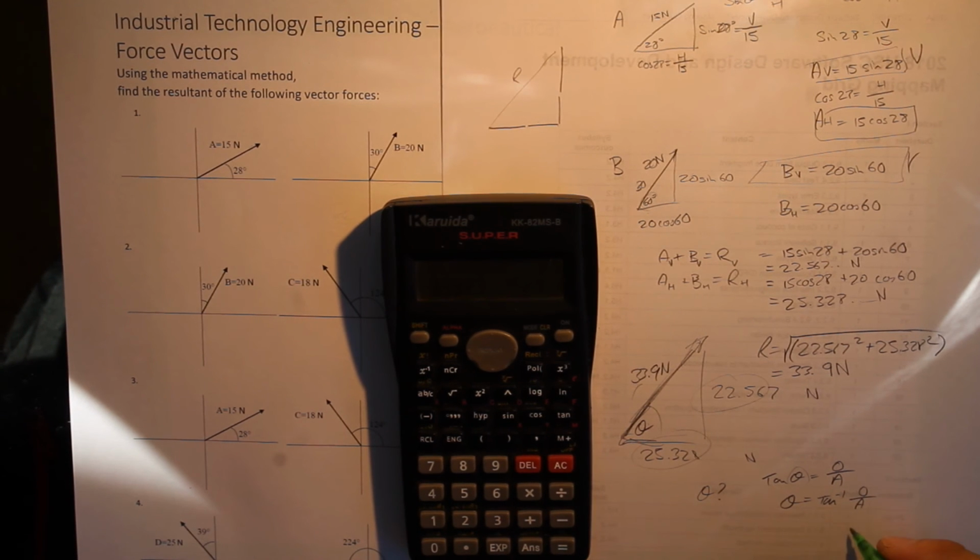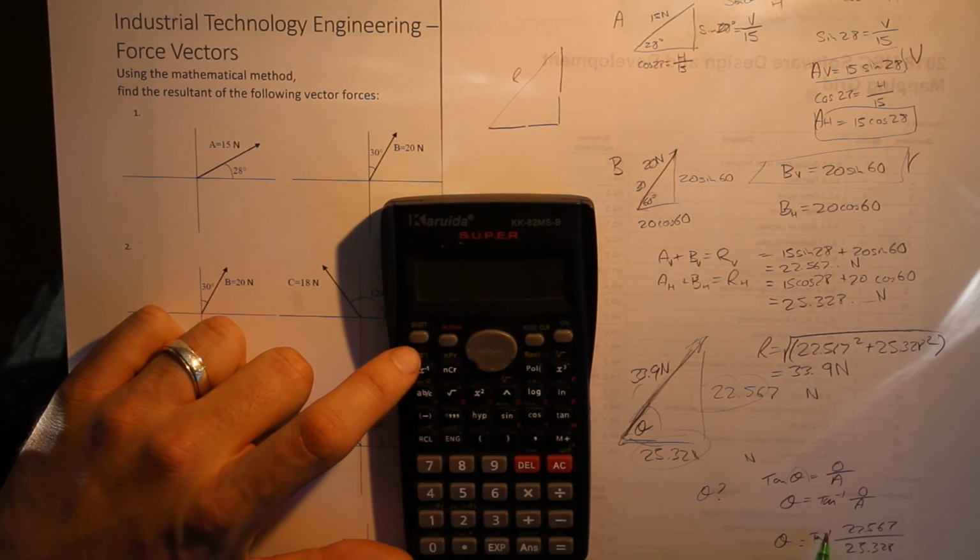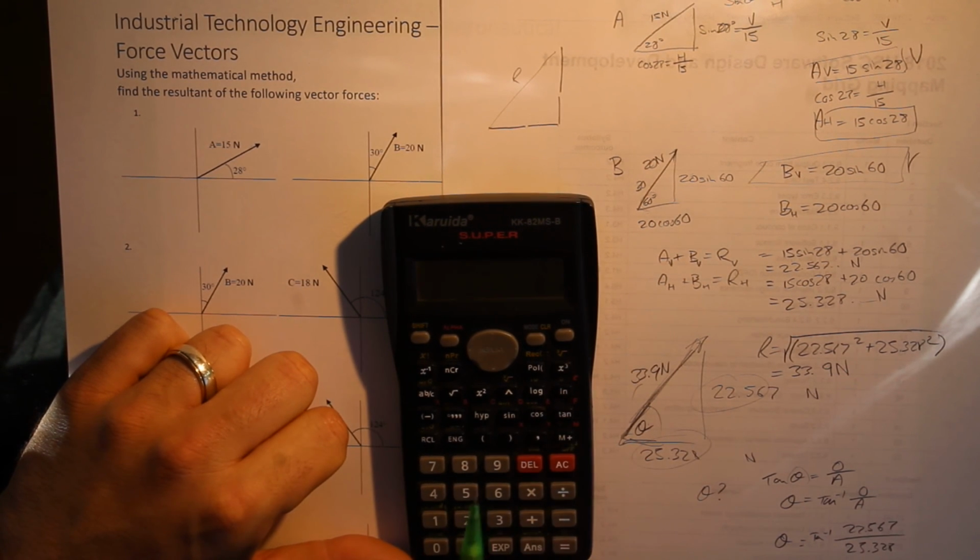So my opposite is 22.567 and my adjacent is 25.328. So what I'll do is plug that into my calculator, and to get my inverse, I'm going to hit shift before I hit tan, and you'll notice that I do get the -1 come up next to tan.